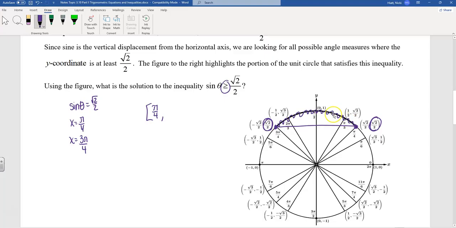All of these are answers up here until you get here, and that's 3 pi over 4. This also could be written as pi over 4 less than or equal to theta less than or equal to 3 pi over 4.